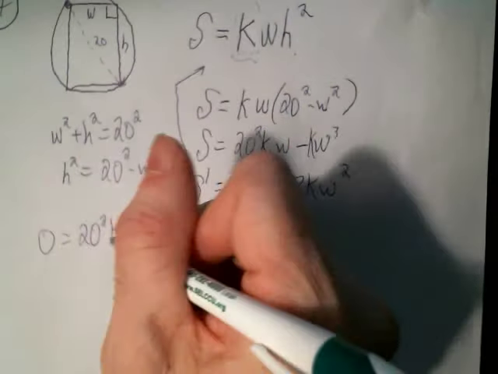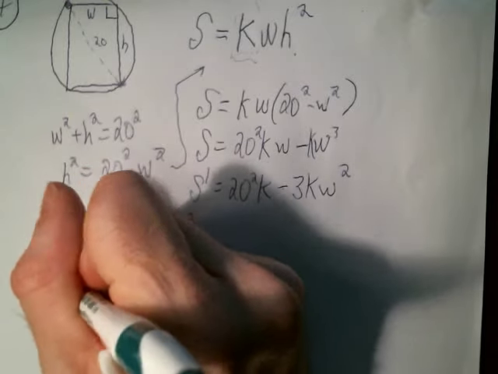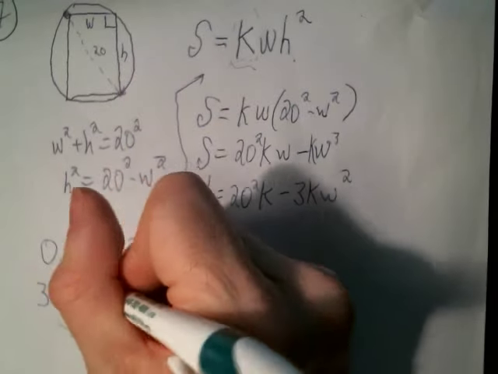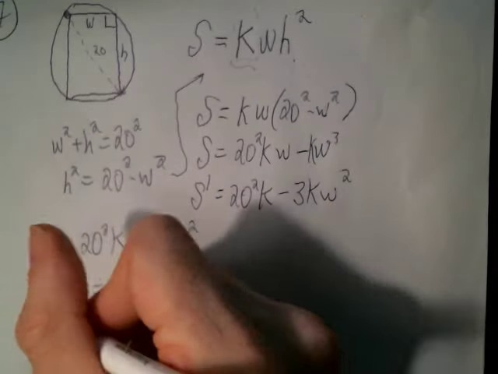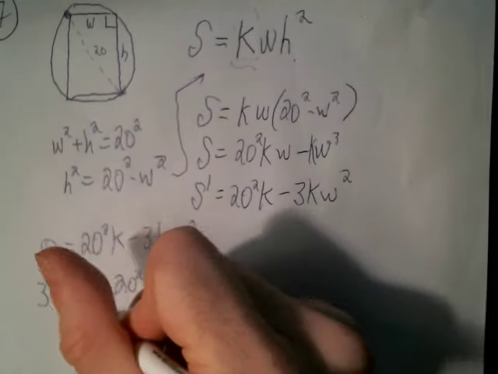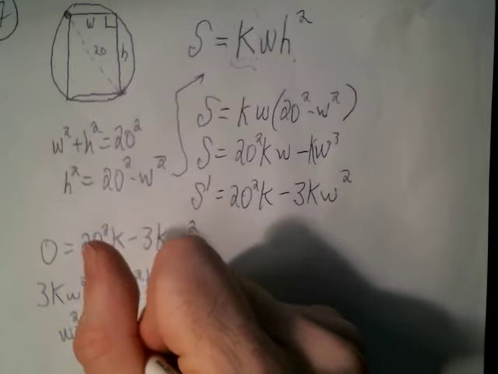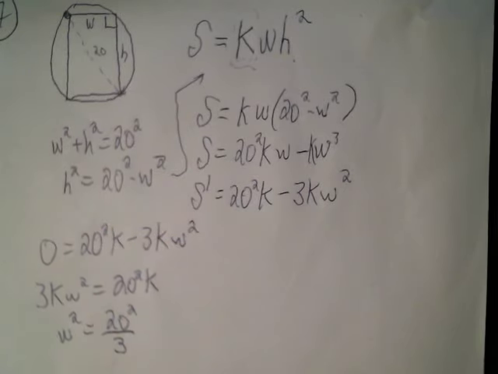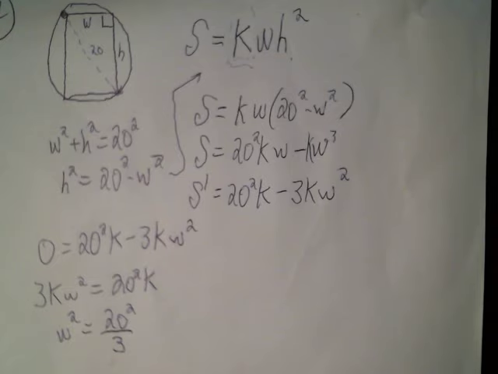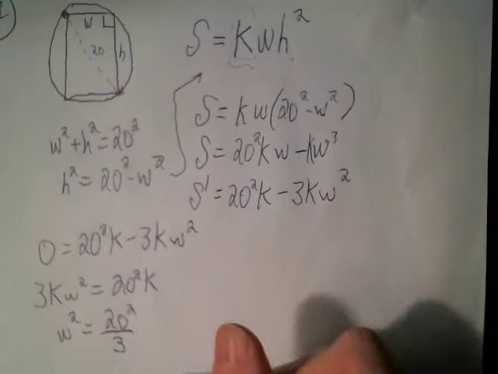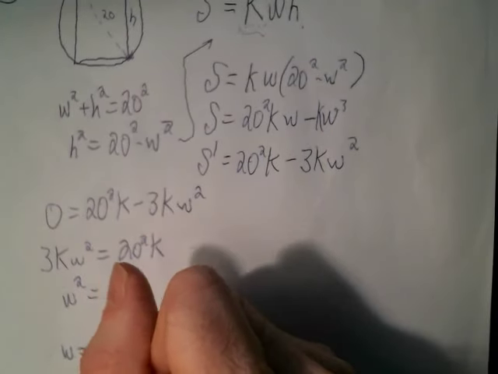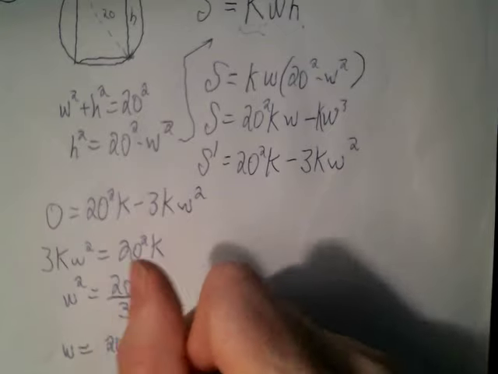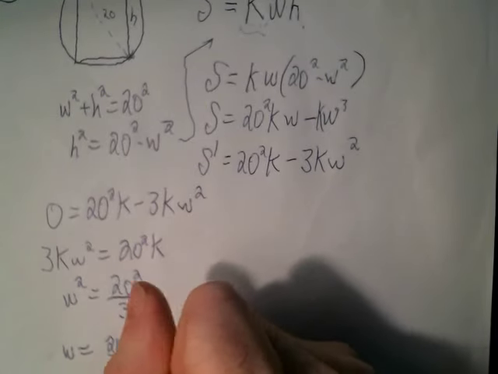So I'm going to add this over. 3k w squared equals 20 squared k. Divide both sides by 3k, and w squared equals 20 squared all over 3. And then take the square root on both sides and get w equals 20 square root 3 over 3.